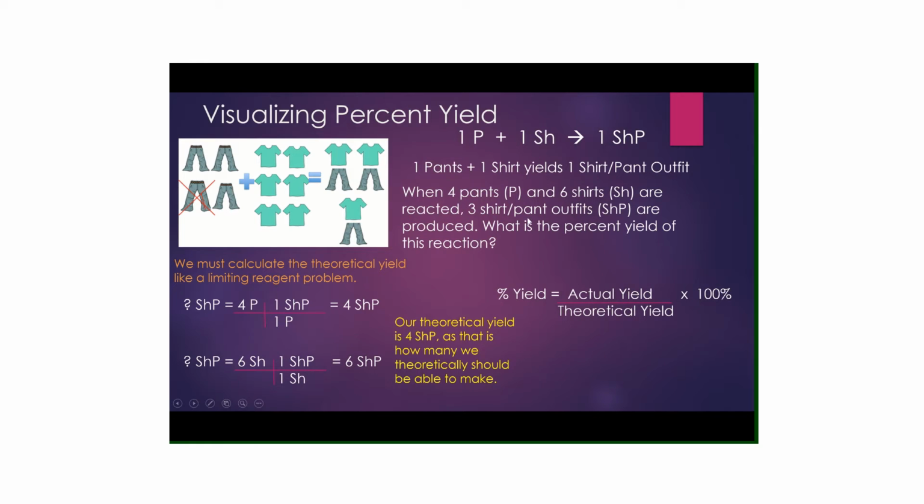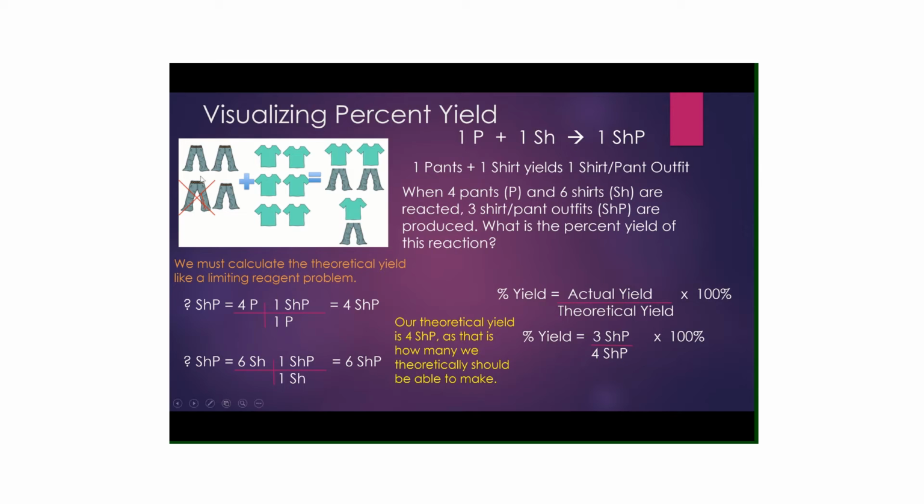Now we go back and we look at the question in our visualization. We didn't make 4 shirt pant outfits. That was our theoretical yield. In theory, we should have been able to make 4 shirt pant outfits. But our actual yield was only 3 shirt pant outfits.